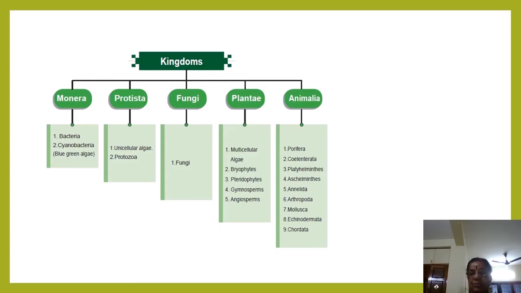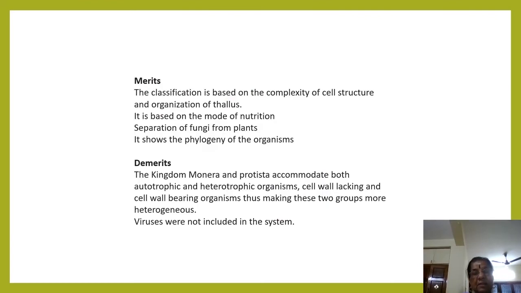Okay, shall I put the next one? The next one is the merits and demerits of this five kingdom classification. The classification is based on complexity of cell structure and organization of thallus. Here thallus is the plant body, we studied it, right? Starting from the plant kingdom. The plant body is thallus.